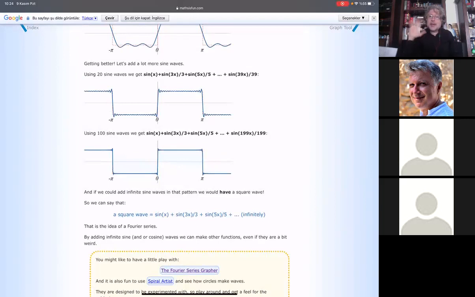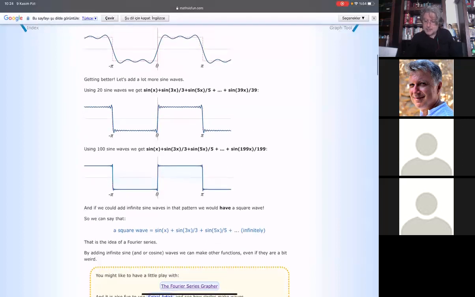It happens only at infinity, which means it never happens. But its energy will be smaller and smaller and smaller, but the spike will still stay there. That is called the Gibbs phenomenon. And mathematically speaking, there is no harm in it. It's okay. We don't care about that.